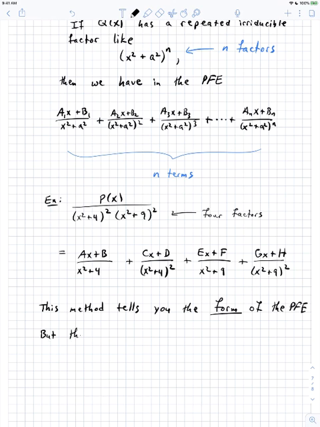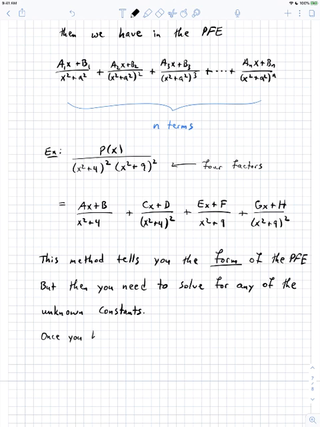But then you need to solve for any of these constants, any of the unknown constants. And that is an arithmetic algebraic problem, but that's usually the most difficult part.